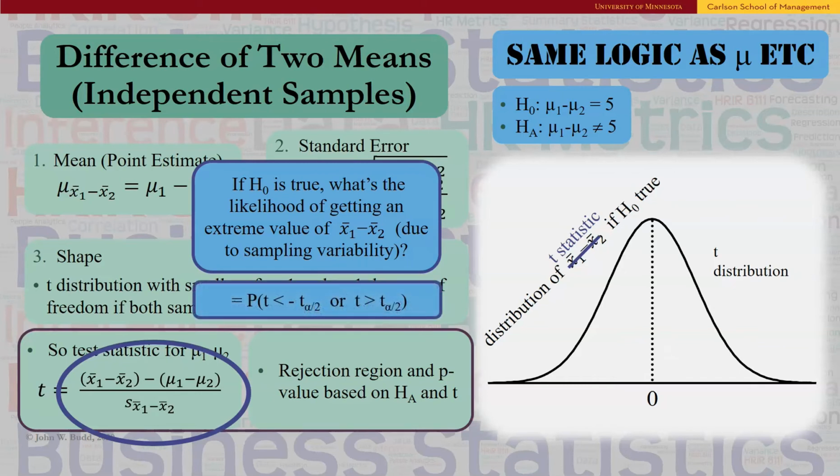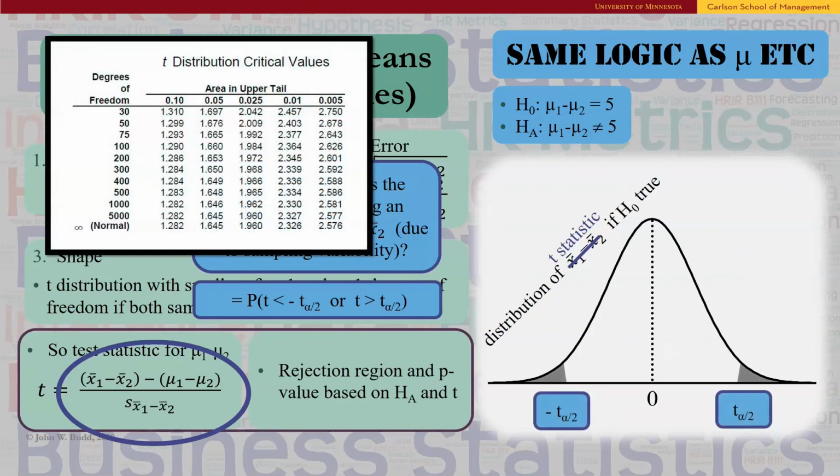Okay, well, we can use our sampling distribution to find critical values of t, such that if we are sufficiently below a negative value of t or sufficiently above a positive threshold value of t, there's only a small probability of being that far away from the center of the distribution.